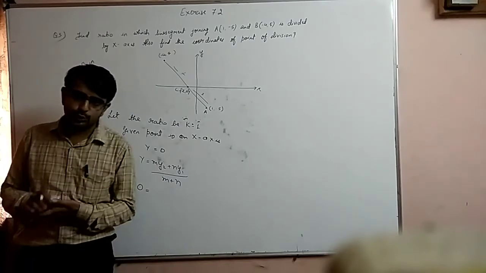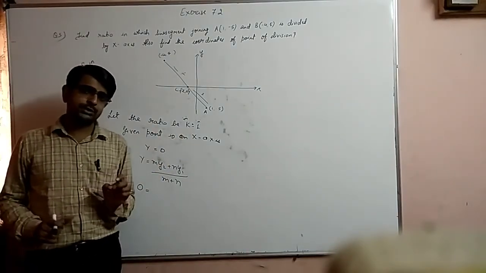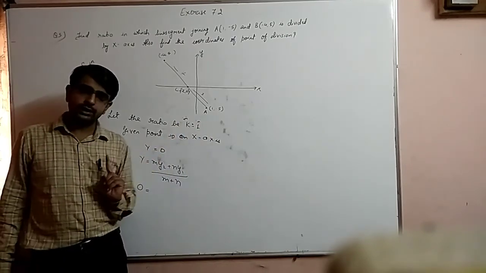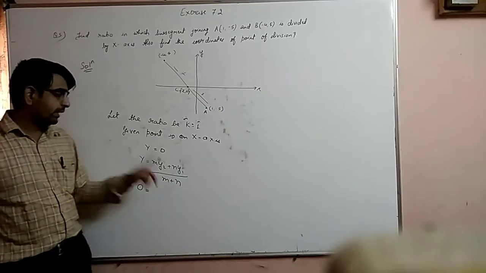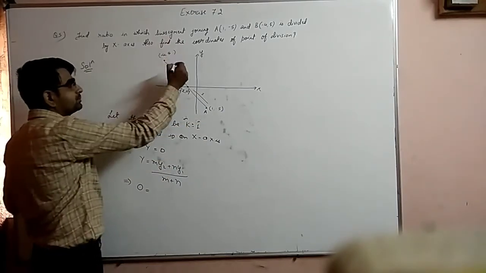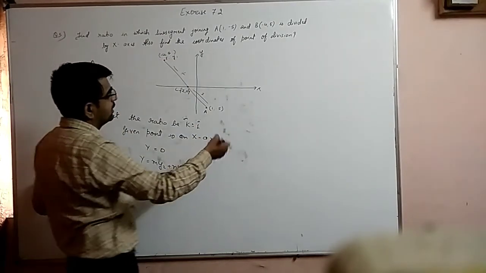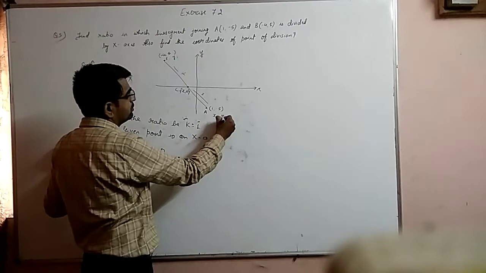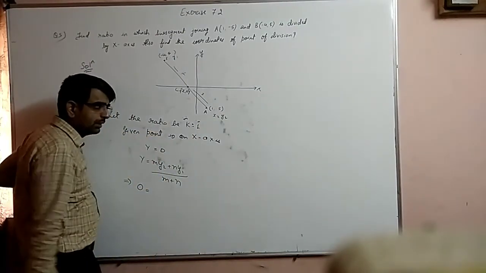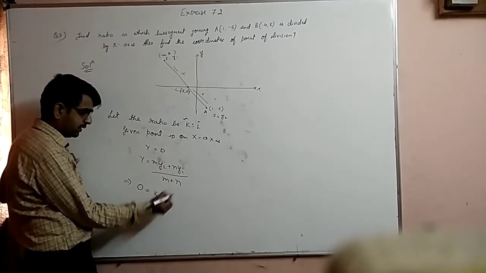The ratio we assumed is k is to 1, and in general the ratio is m is to n. So instead of m we will write k, and instead of n we will write 1. The other thing, y2 and y1, we already have. Suppose this is x1 y1 and this is x2 y2. So we have the values of y1 and y2 too. So instead of m we will write k.